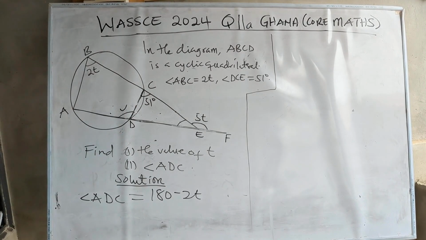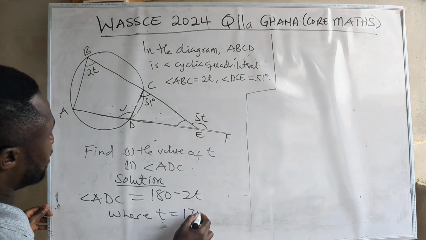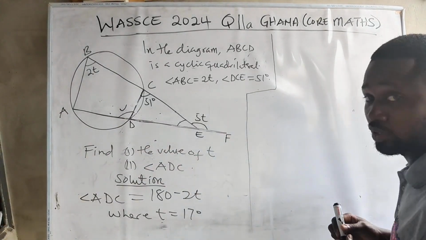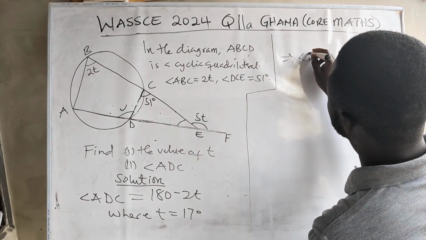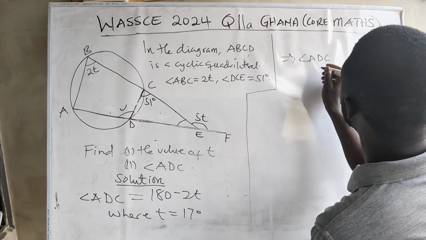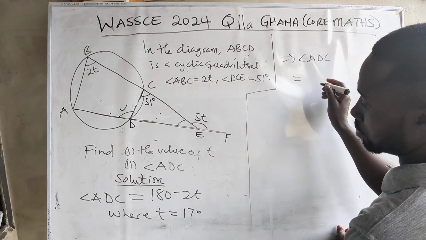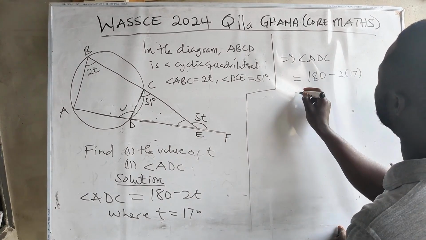And then what is the value of t? t is 17 degrees. We have already calculated for t. So my angle ADC is going to be equal to 180 minus 2 times 17.